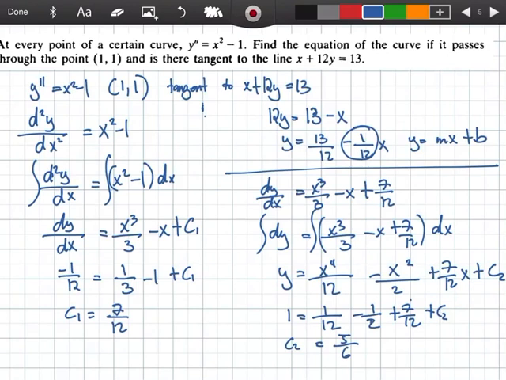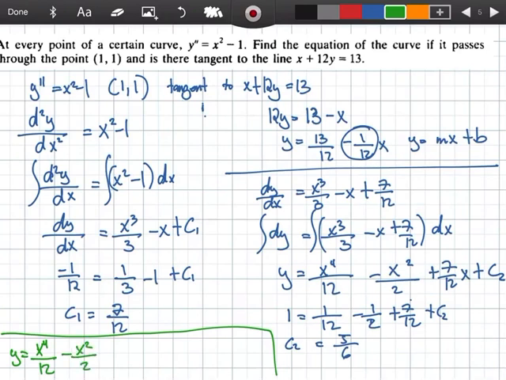So, our final answer, to make it fit here, is y is equal to x raised to 4 over 12 minus x squared over 2 plus 7x over 12 plus 5 over 6. So, that is the final answer. That is the equation of the curve.